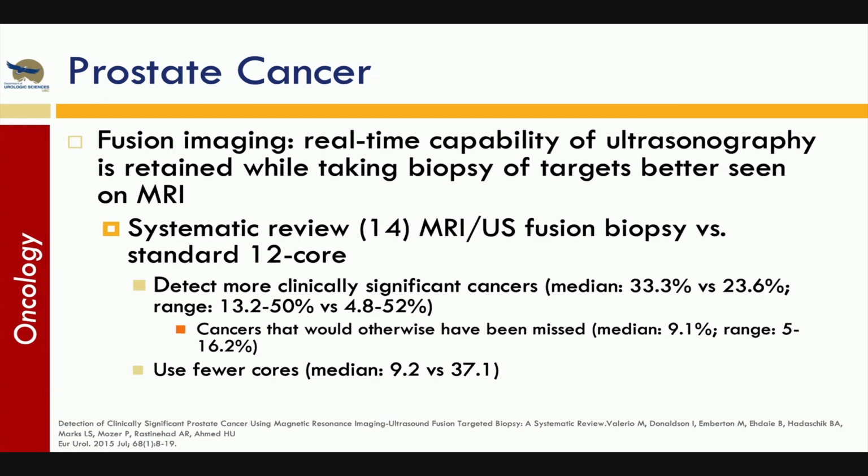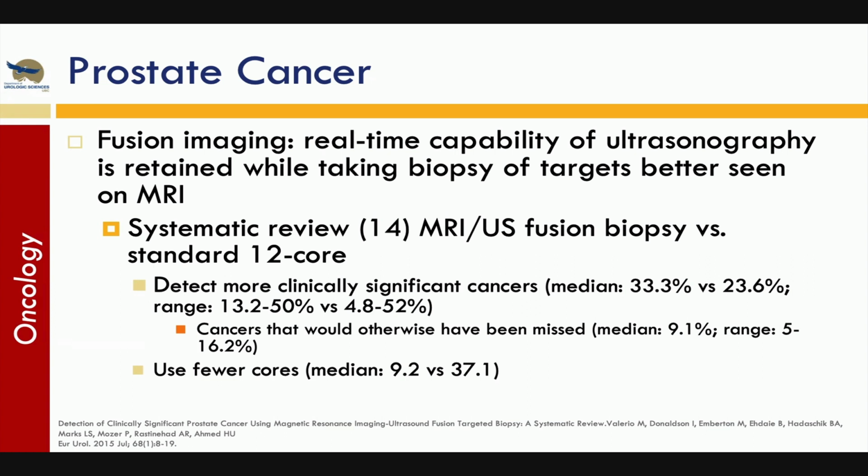And I think I only have one slide on this because again, this is a huge topic, and we've talked about literature and various other journal clubs and grand rounds as well. But this one systematic review reports that multi-parametric MRI ultrasound fusion biopsies versus the standard 12 core almost certainly detects more clinically significant cancers.